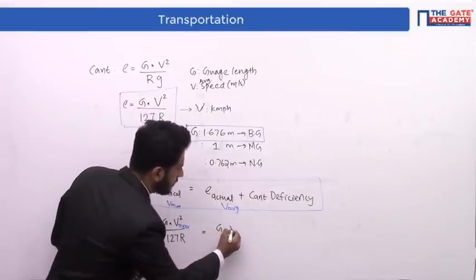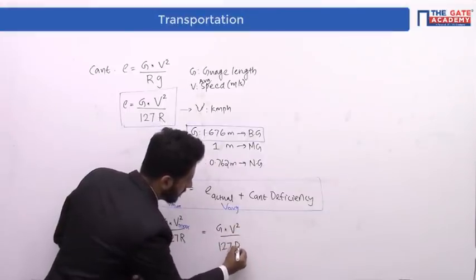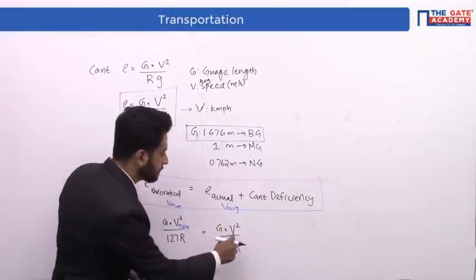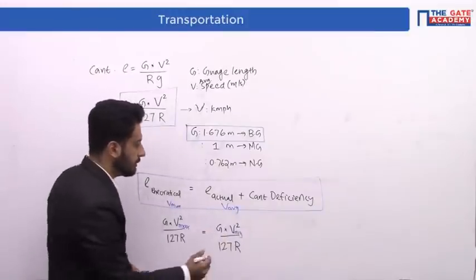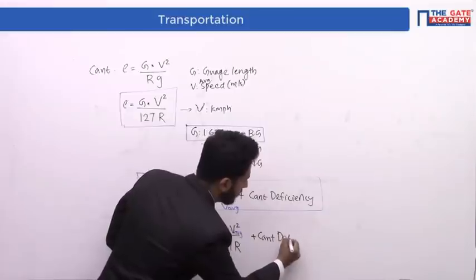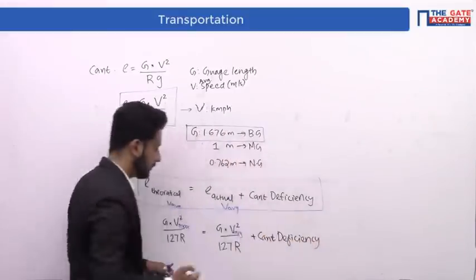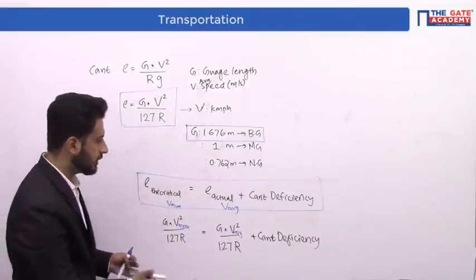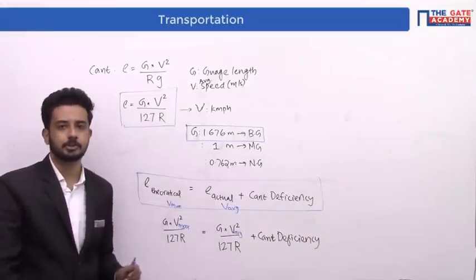G into V square divided by 127 R, where this V is average. Understood? Plus whatever be the cant deficiency, that value.